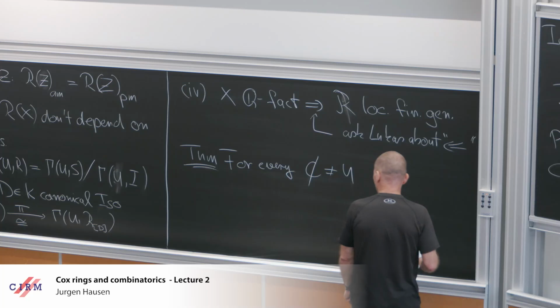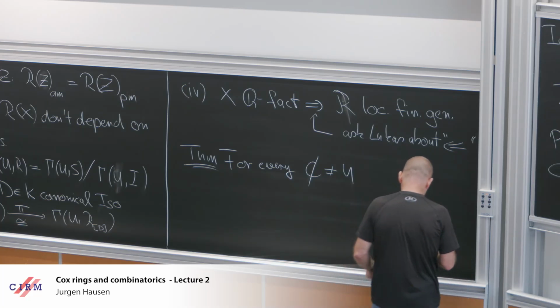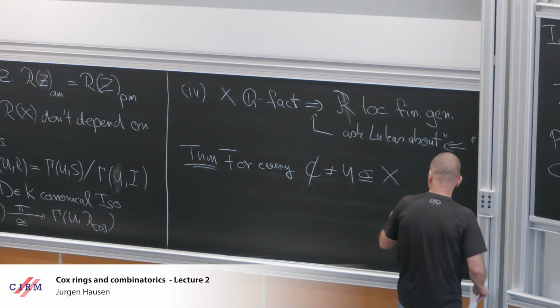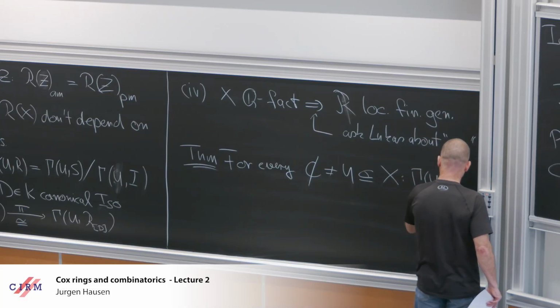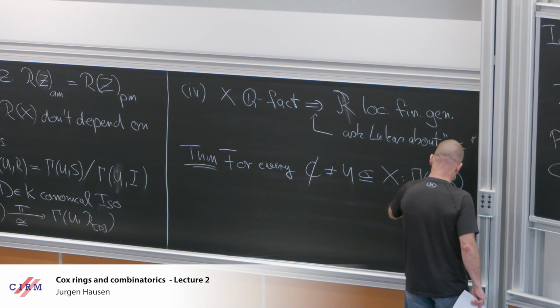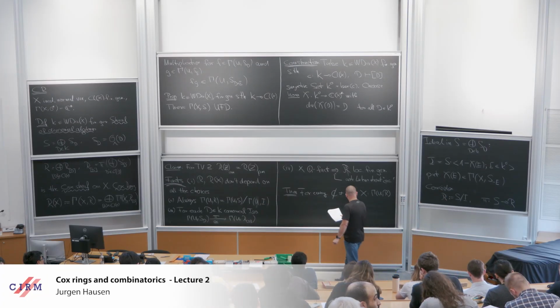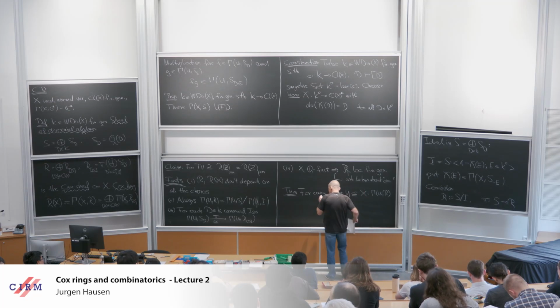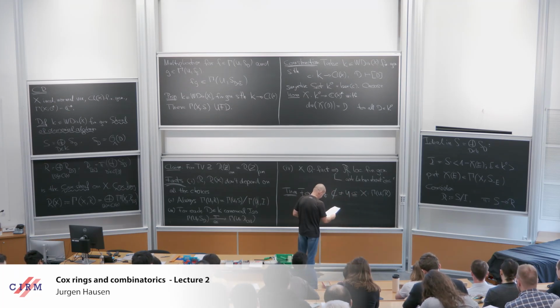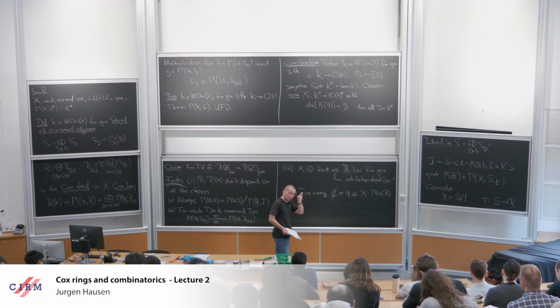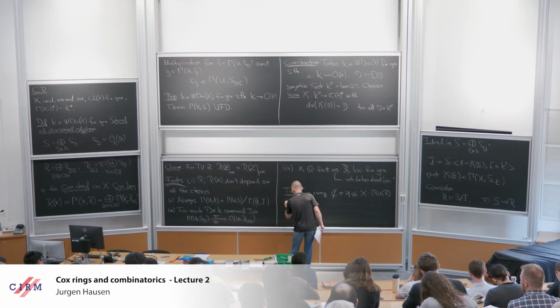For all non-empty open subsets U of our X, this section ring of the Cox sheaf, in particular this will hold for the Cox ring itself, is an integral ring and it is a normal ring.